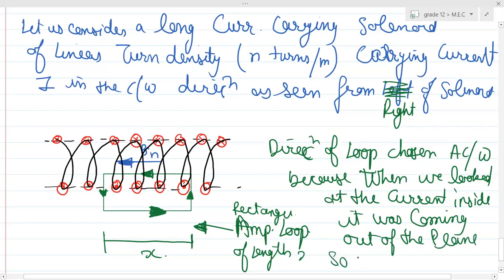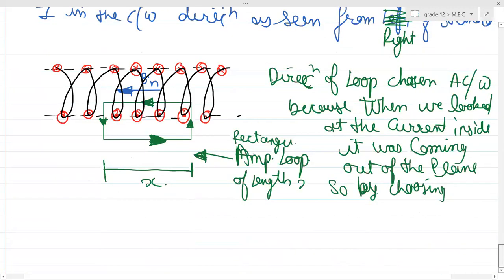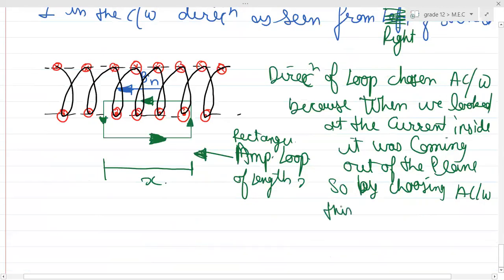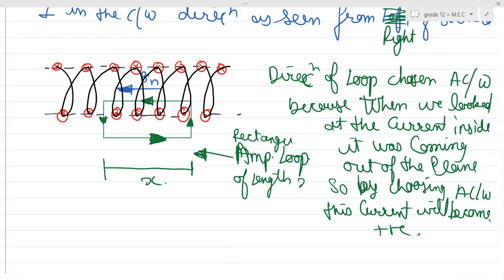So by choosing anti-clockwise, this current will become positive. Are you getting my point? That's why we chose it as anti-clockwise. Is it fine?